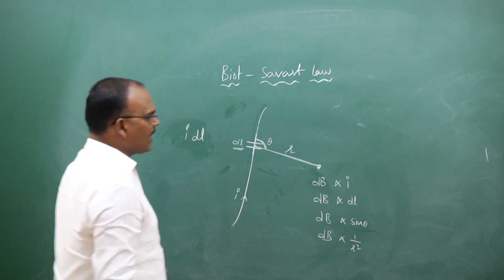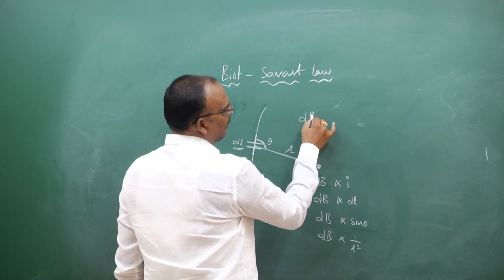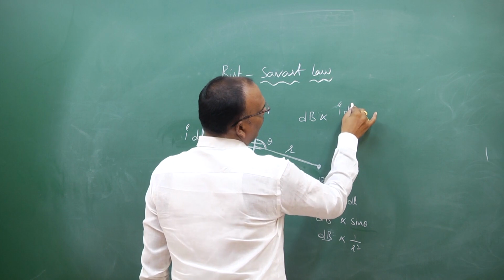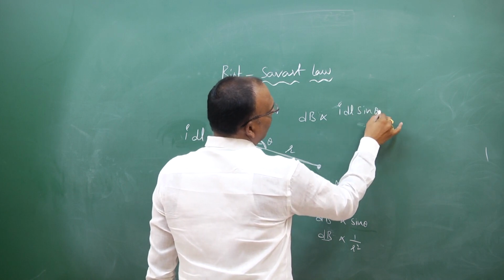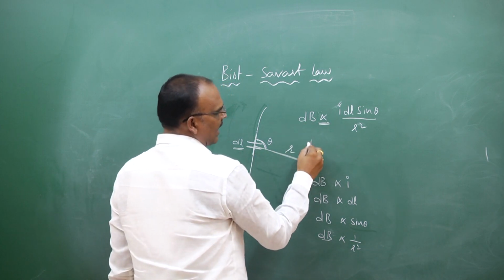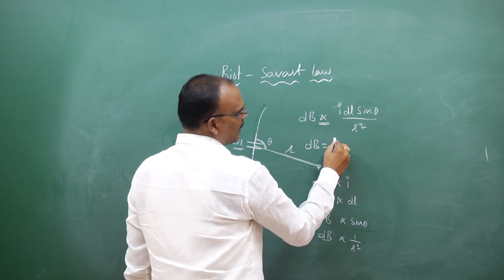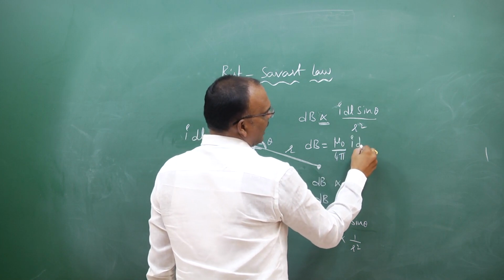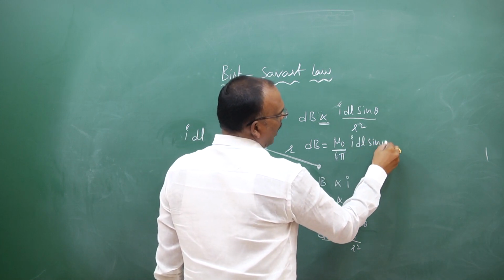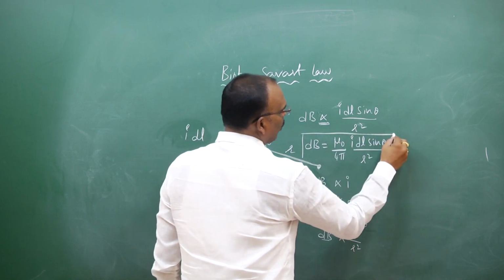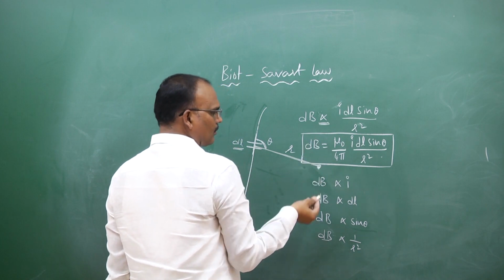If we combine all these things, dB is directly proportional to I dl sin theta divided by r square. The proportionality constant is replaced with mu naught by 4 pi, so dB equals mu naught by 4 pi times I dl sin theta divided by r square. This is called Biot and Savart law.